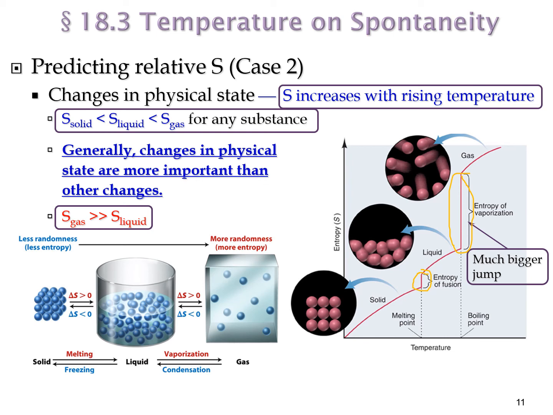That is the reason why, because of the much bigger jump between solid, liquid, and gas, we can come to the conclusion that the change in the physical state, especially to gas, is more important than any other changes.